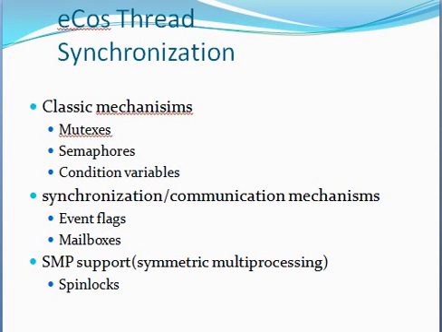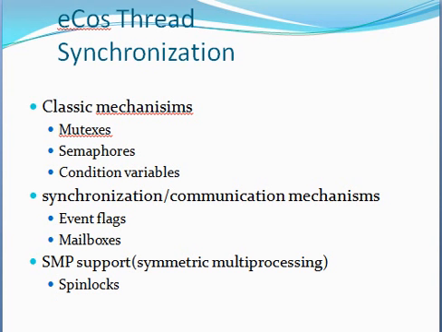Next is the eCos thread synchronization. Firstly, I will discuss the classic mechanisms. The eCos kernel can be configured to include one or more of 6 different thread synchronization mechanisms.